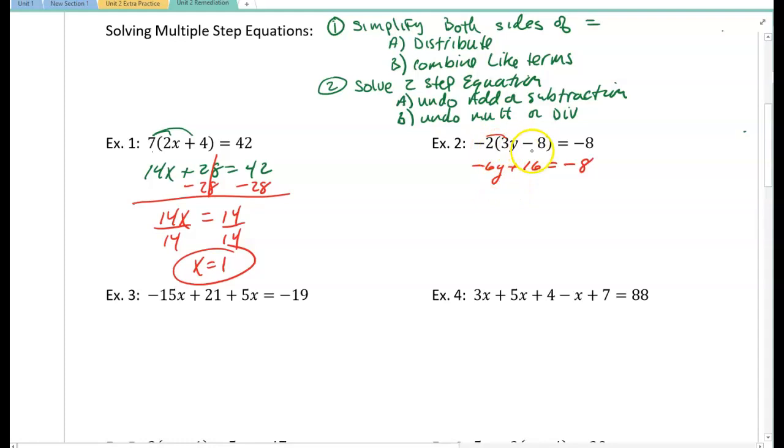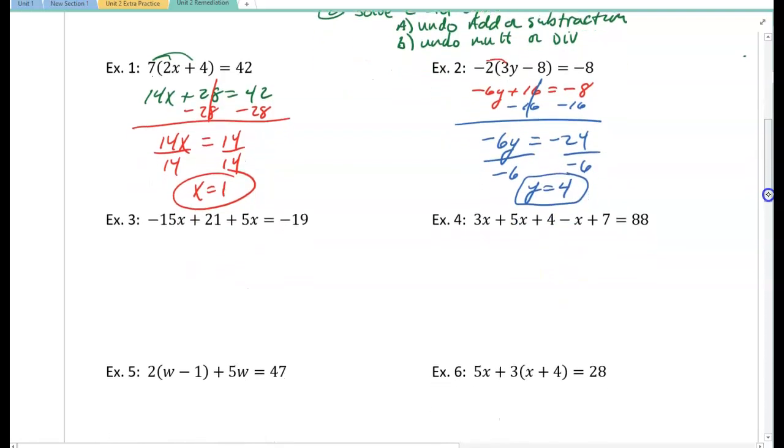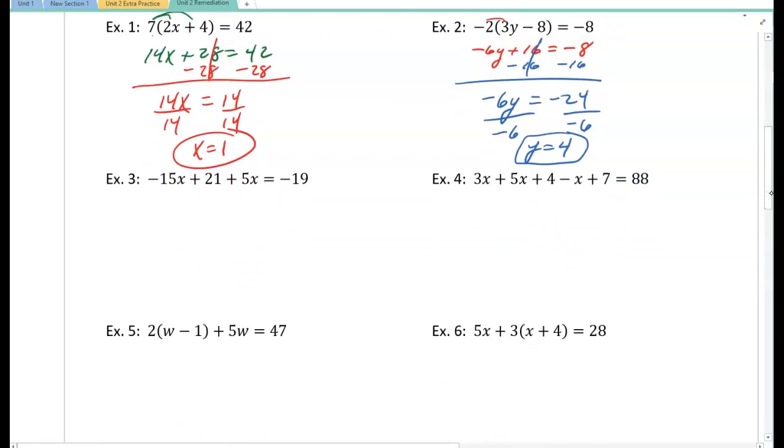Once I distribute, I move this 16 over by subtracting it from both sides. Those eliminate. So negative 6y equals negative 24. Then finally, I divide by negative 6, and y is equal to 4. Okay.